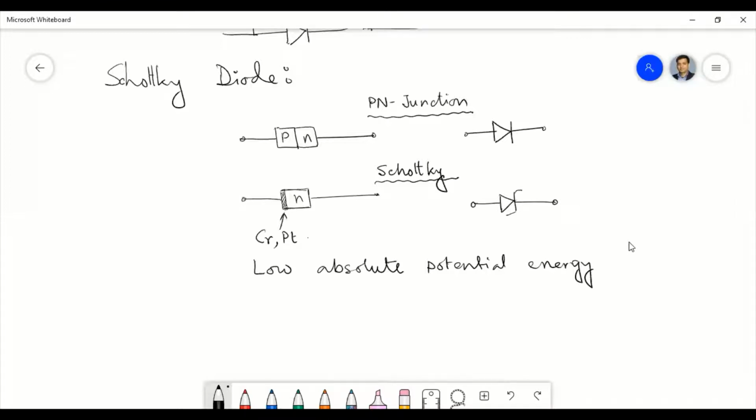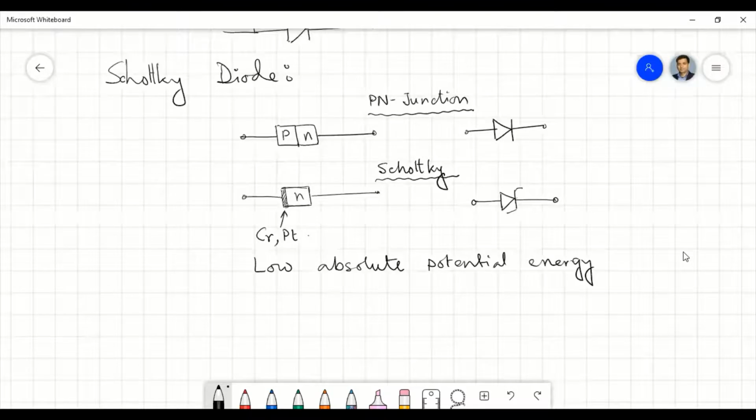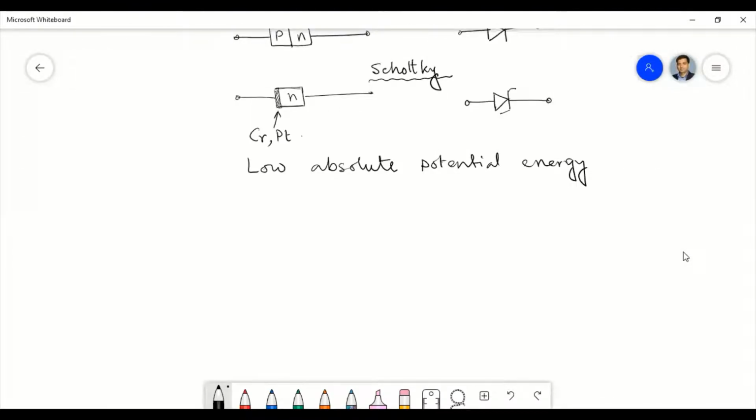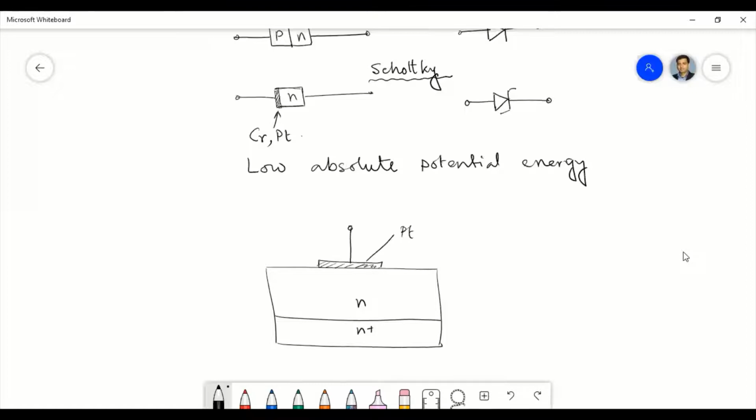Now, if I draw the actual vertical structure, this is the anode, which is the metal. You can say this is platinum. For power application we can use two different substrates, and this is the cathode.